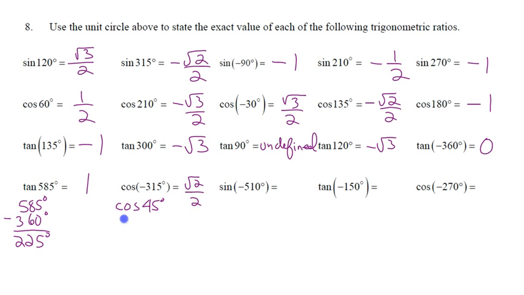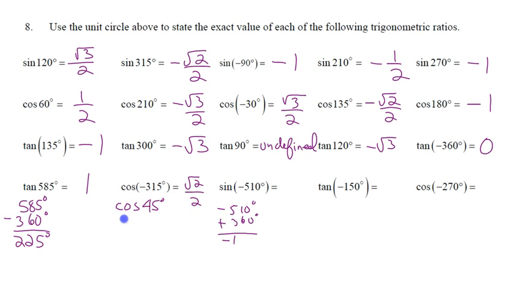All right, what's the sine of negative 510? You need to settle on one number. What are we going to do with the negative 510? Add 360. What's negative 510 plus 360?